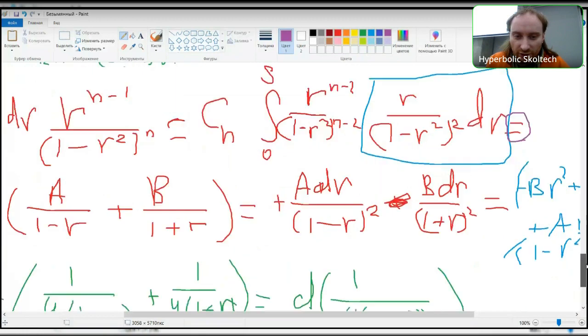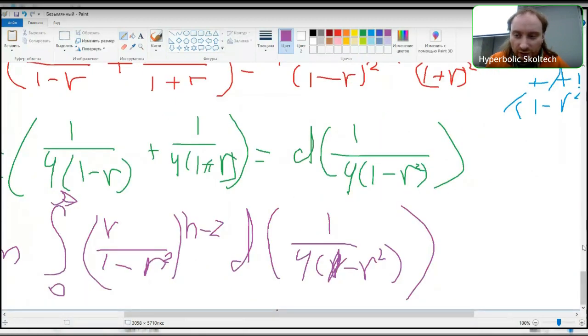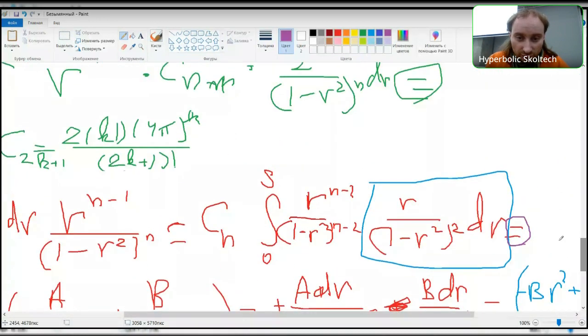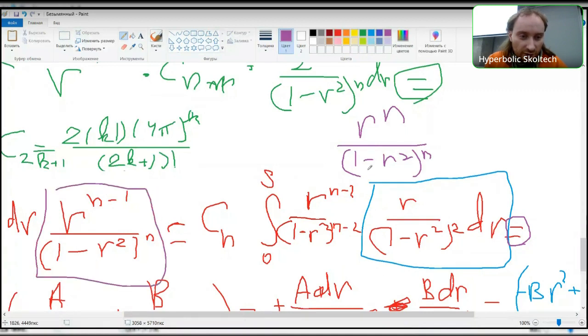So the idea here is to do this. R power n divided by 1 minus r square power n, but divided by r, equals r power 1 over 1 minus r square power n.